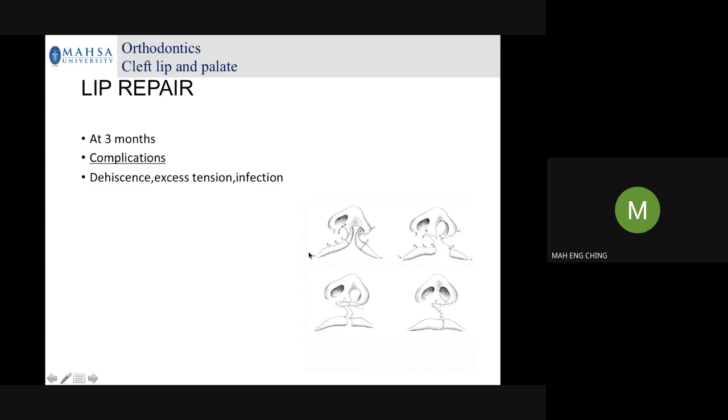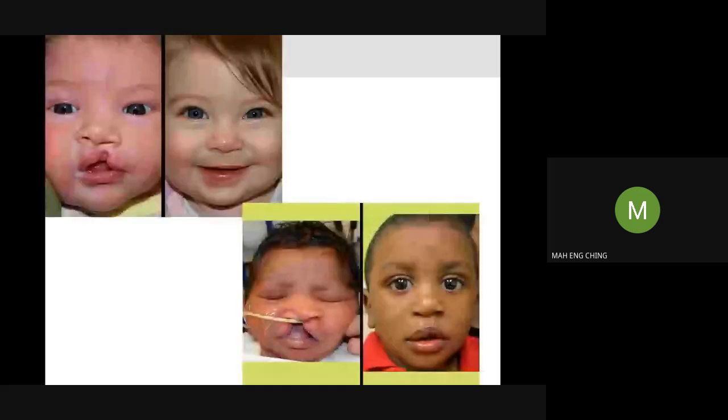So you need a very good surgeon. That's why I say sometimes the plastic surgeon might be a better person to do the lip repair, because the sutures they use are very fine, maybe 6-0 sutures. It's like your hair, very fine, and the aesthetic outcome is very good. See this one? If you repair it early, it can look almost normal.